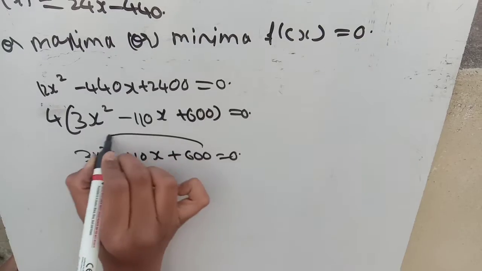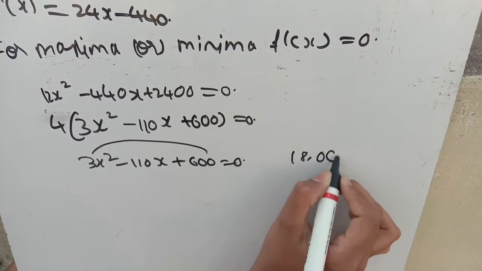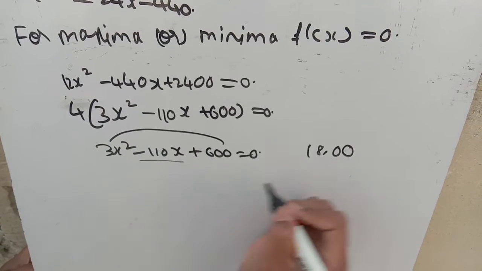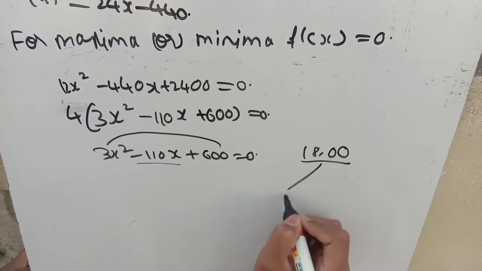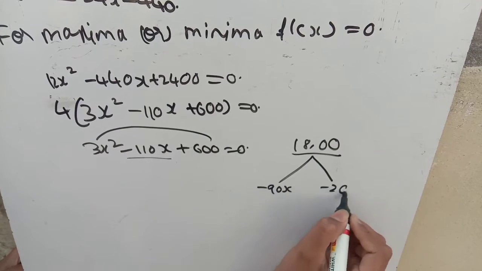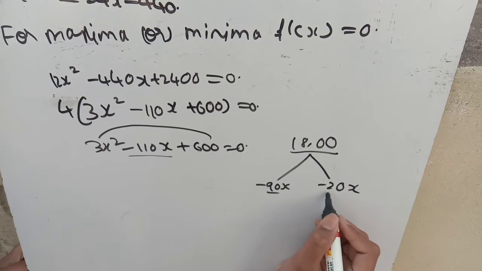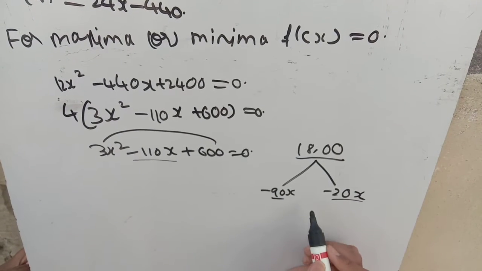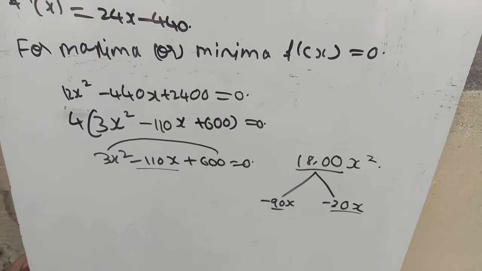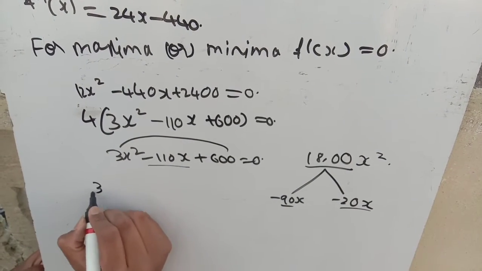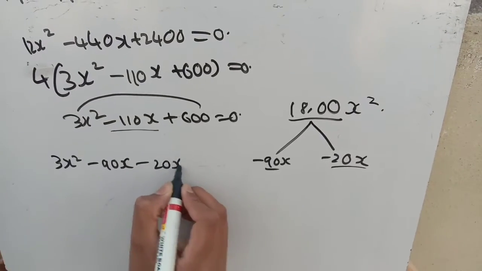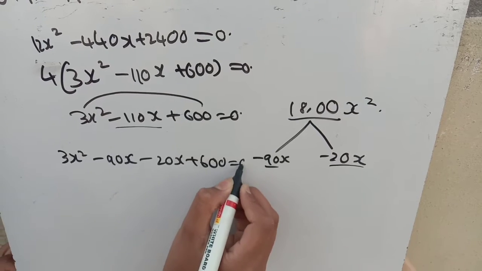So what is 600 into 3? That is 1800. So in order to get this, it has to be split into 2 numbers whose product is 1800. The first one is minus 90x and minus 20x. Minus 90x into minus 20x is 1800x square. So 3x square minus 90x minus 20x plus 600 equals 0.